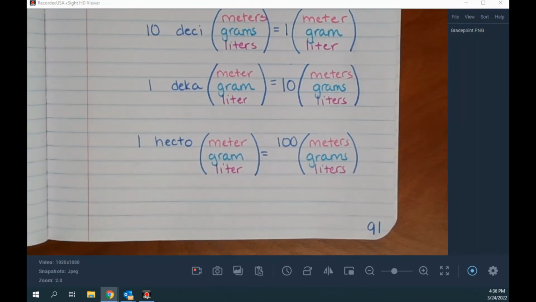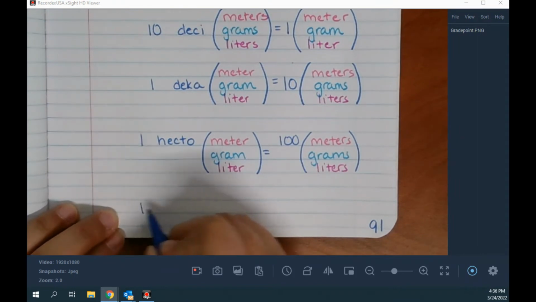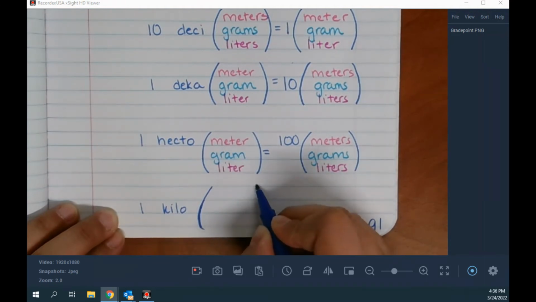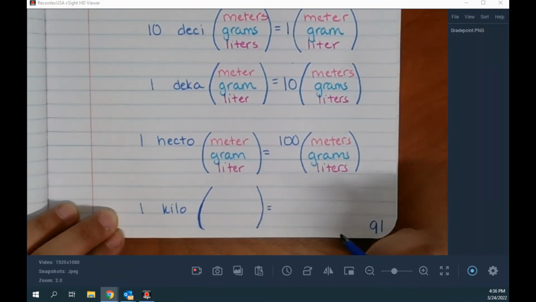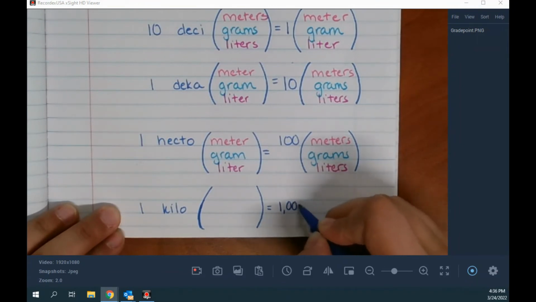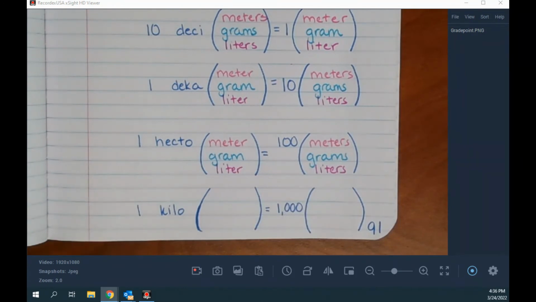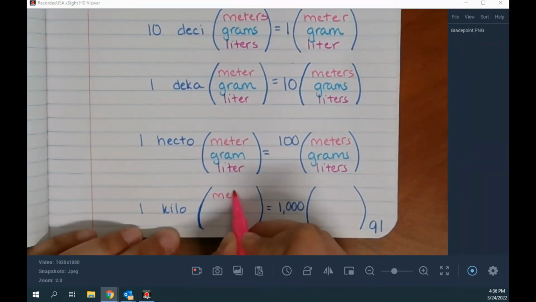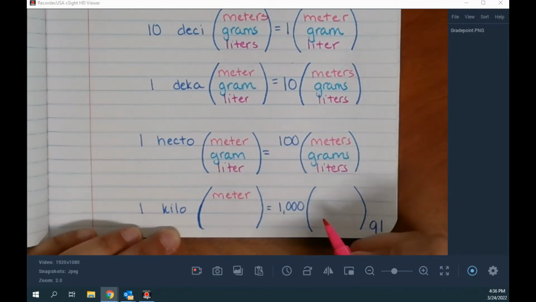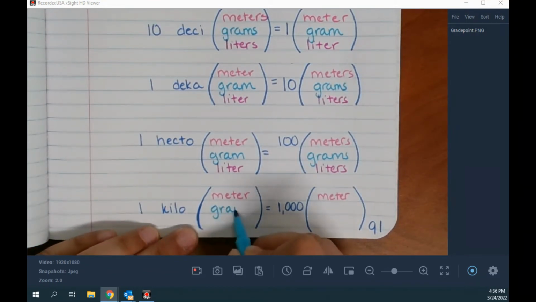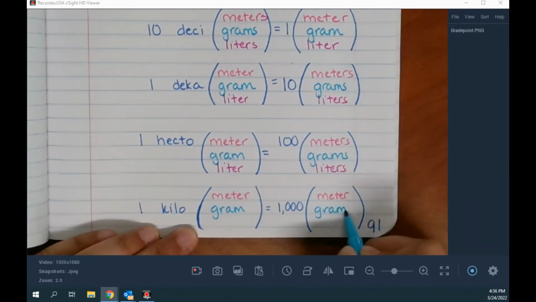All right, and then the last conversion is 1 kilometer is equal to 1,000 meters. So 1 kilometer is equal to 1,000 meters. 1 kilogram equals 1,000 grams.